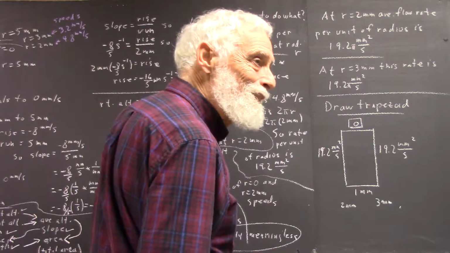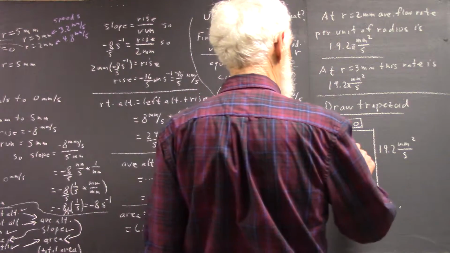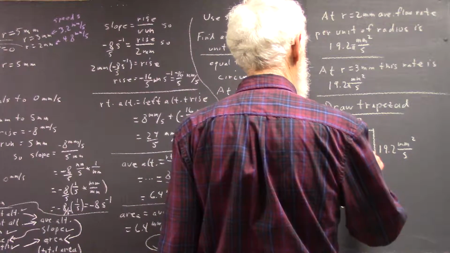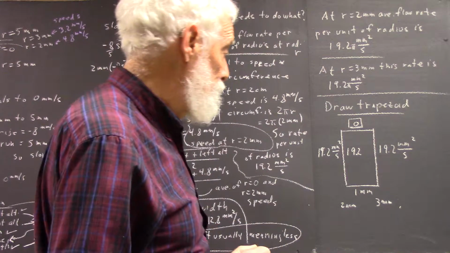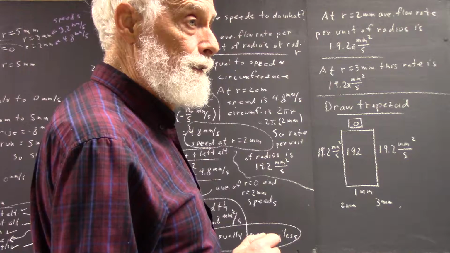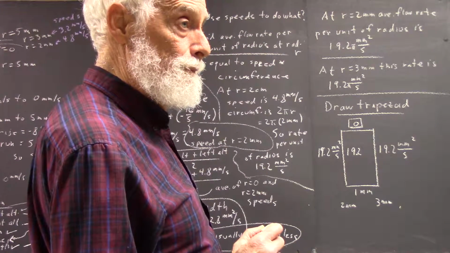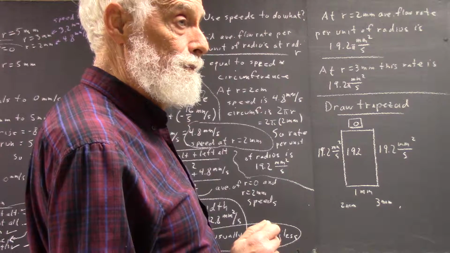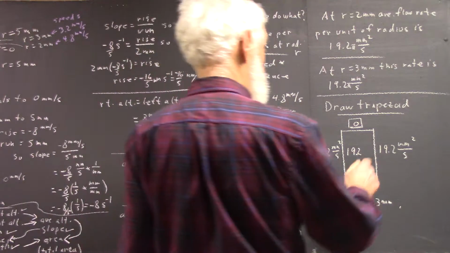So the area is going to be the width times this, which turns out to be 19.2. And what are the units? Millimeters cubed per second, right?